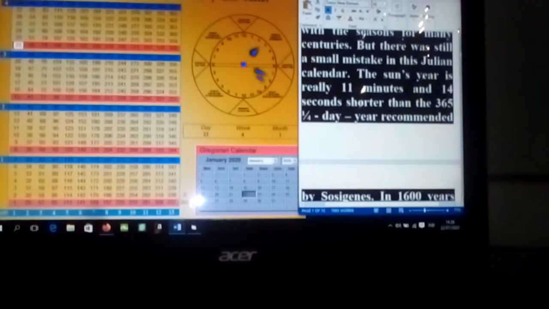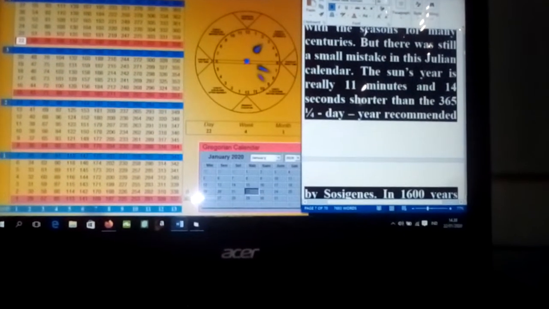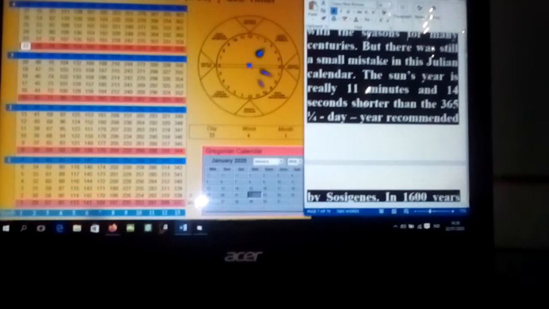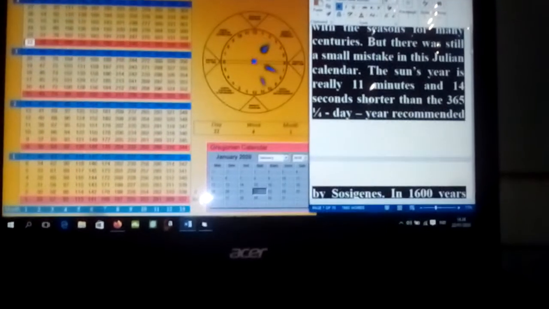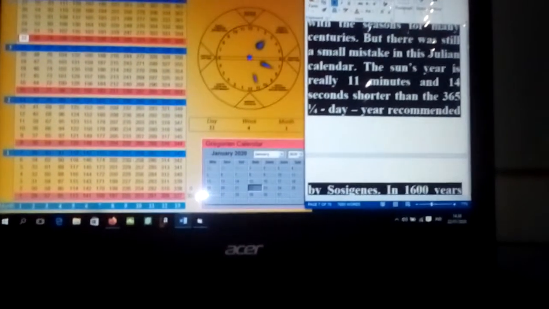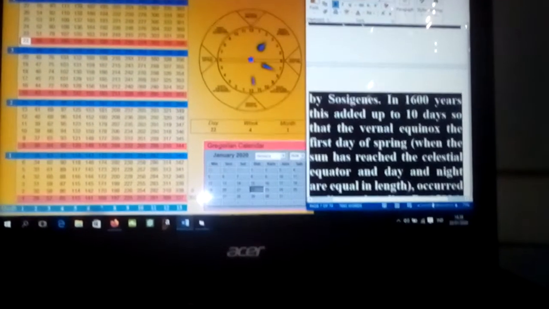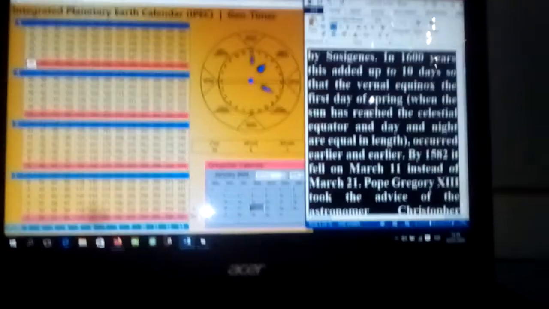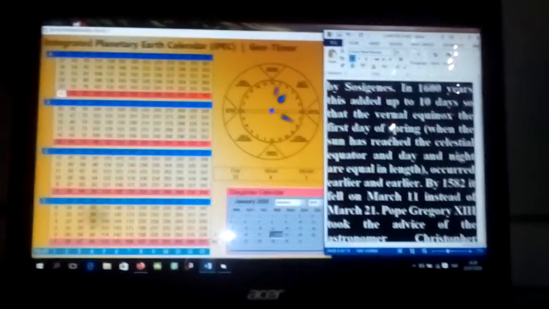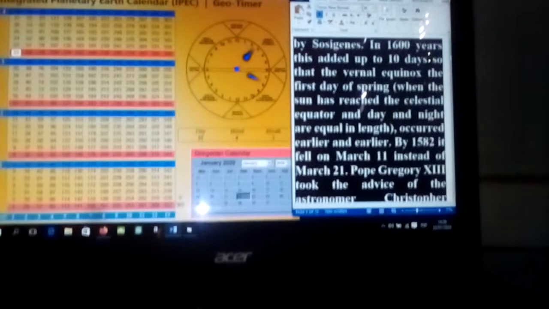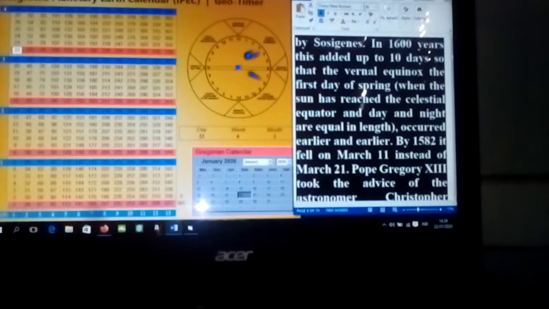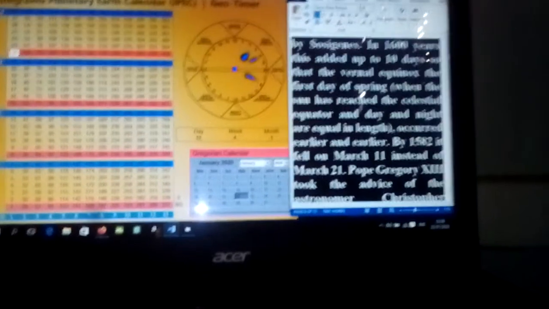But there was still a small mistake in this Julian calendar. The sun's year is really 11 minutes and 14 seconds shorter than the 365 1/4 day year recommended by Sosigenes. In 1,600 years, these added up to 10 days, so that the vernal equinox, the first day of spring, when the sun has reached the celestial equator and day and night are equal in length, occurred earlier and earlier.